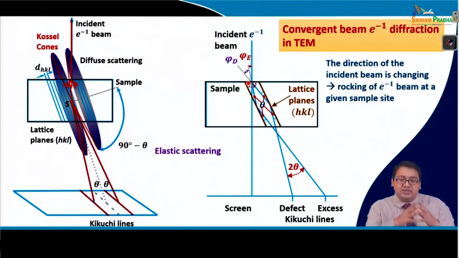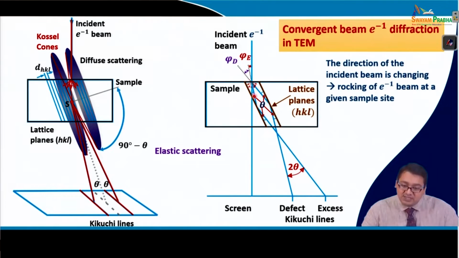And as I said, as the number of scatterings increases, the angle of scattering increases. For a small number of scatterings, that is phi e, the angle is less, right, and the intensity of this beam which seems to come from inside the specimen is higher.